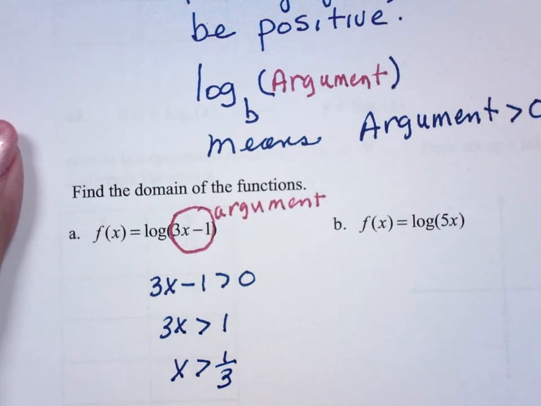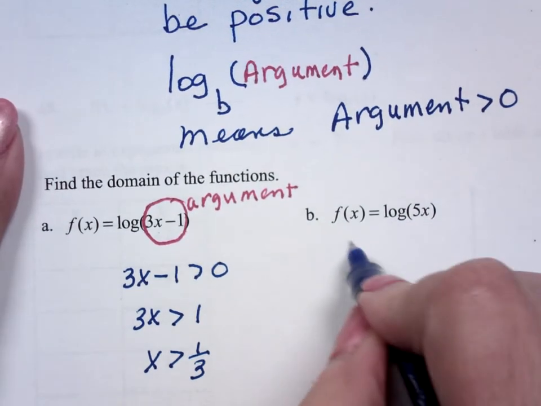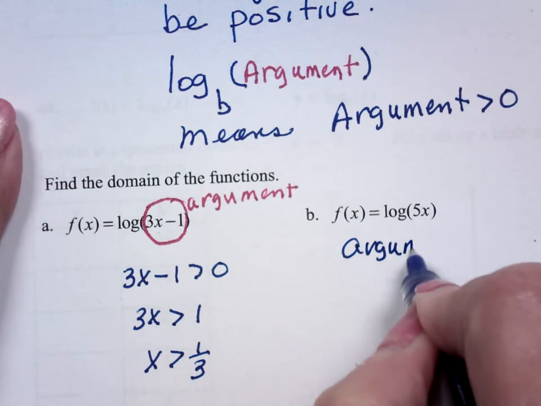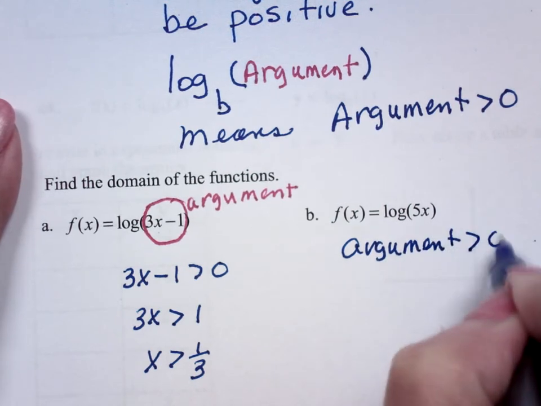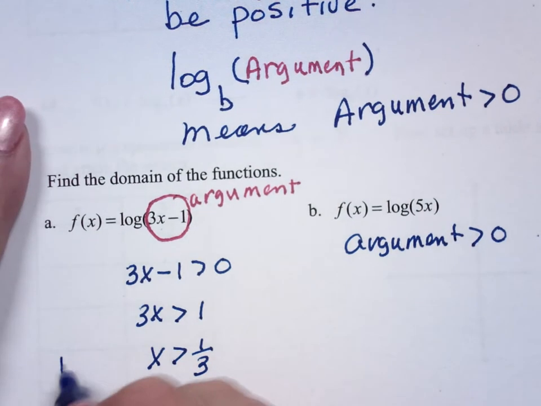That's what's in his domain. The argument is just this, just with x. That's it, 1/3. So this is the domain.